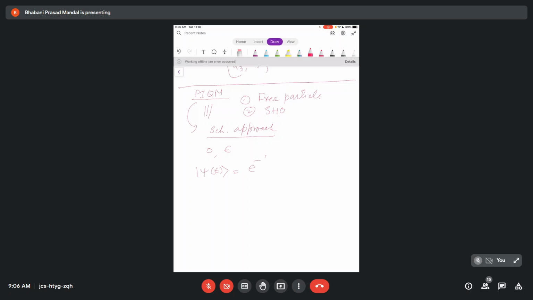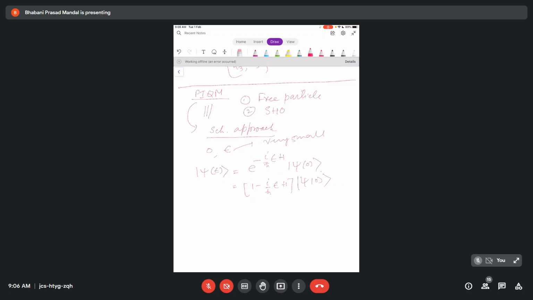So e to the power minus i h cut epsilon H times psi at 0 time, right? But now we are considering epsilon very small. So this is normal time evolution, nothing path integral here. You can write this as 1 minus i by h cut epsilon H times psi of 0, with epsilon infinitesimally close.